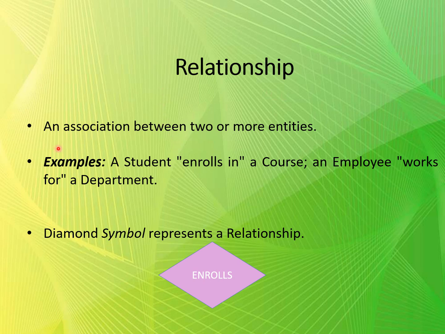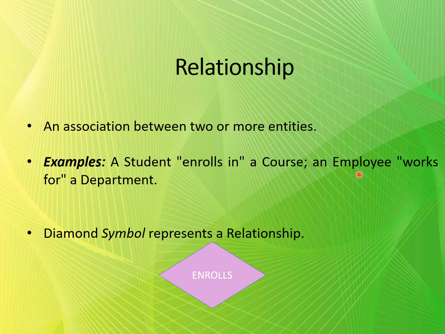Relationship, it is an association between two or more entities. For example, a student enrolls in a course. Here, student and course are the entities. Enrolls is a relationship or association between student and course entity.